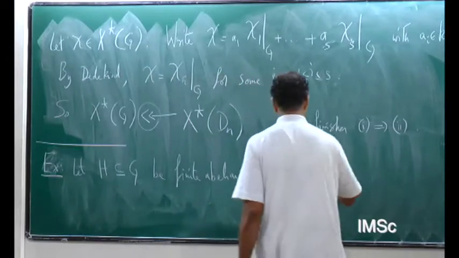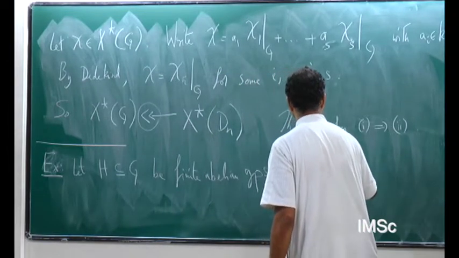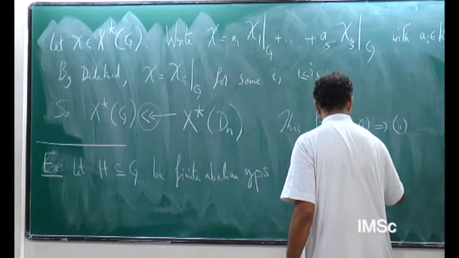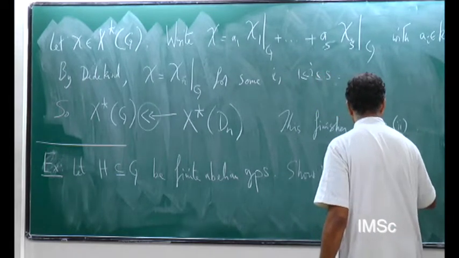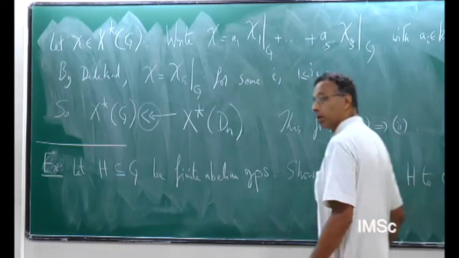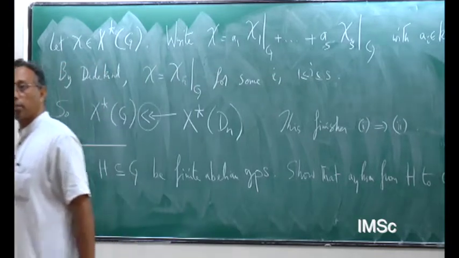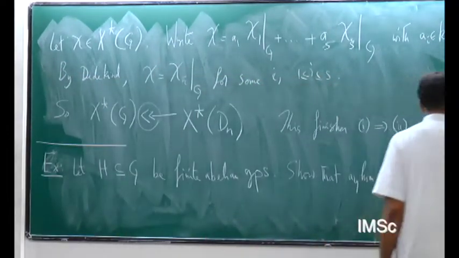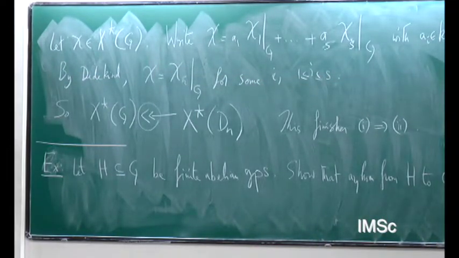Show that any homomorphism from H to the non-zero complex numbers can be extended, that is, the restriction extends, to a homomorphism of G to the complex numbers.